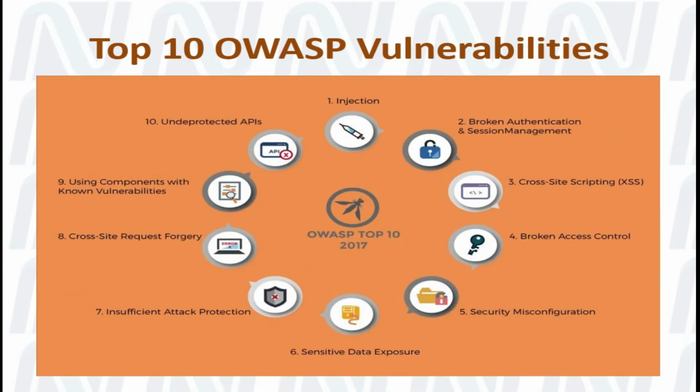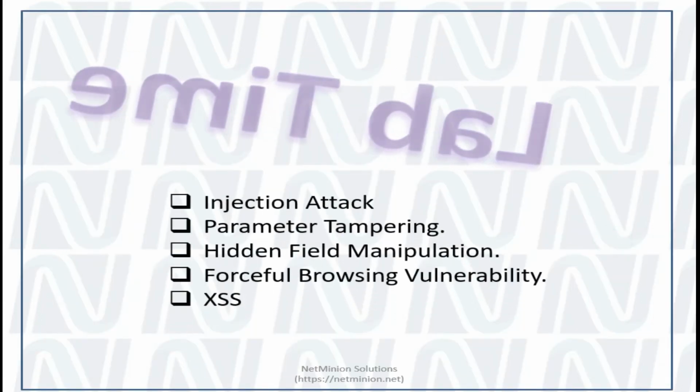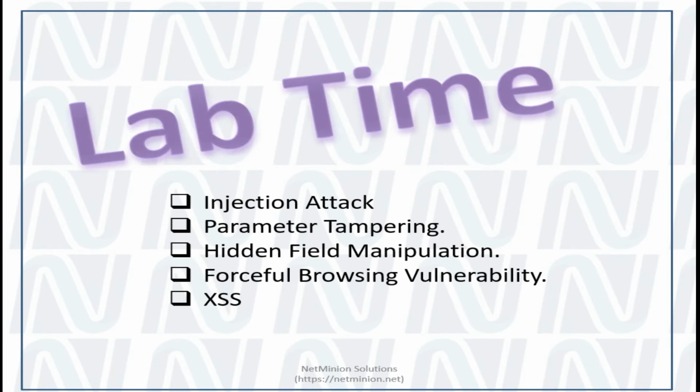We will be checking a couple of them on our website, which is vulnerable to the attacks, and we will be performing some labs on them. Not all of the top 10 risks, just a couple. So we will be applying 5 vulnerabilities on our lab, and we will be checking them all together.